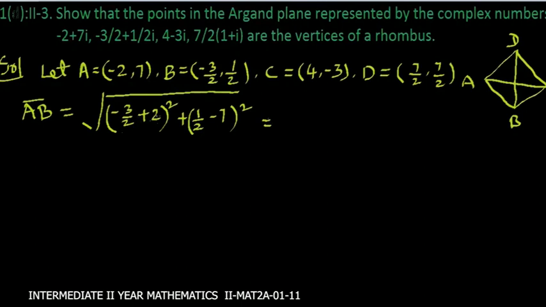Taking LCM, -3 plus 4 is 1/2. This is (1/2) whole square plus 1 minus 14, which is -13/2, whole square.